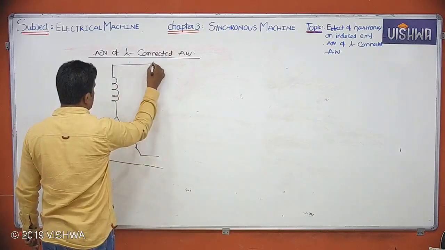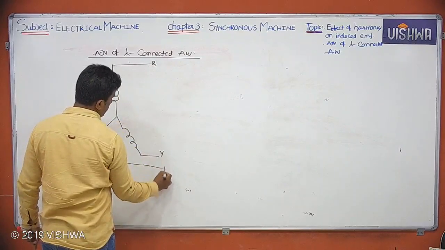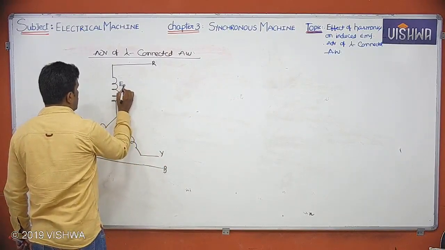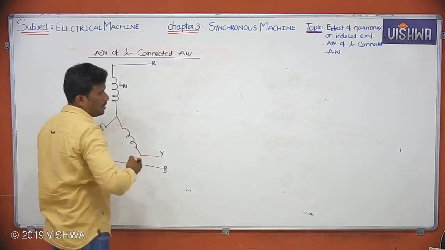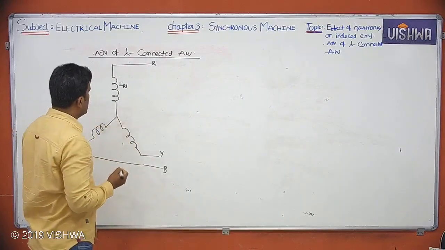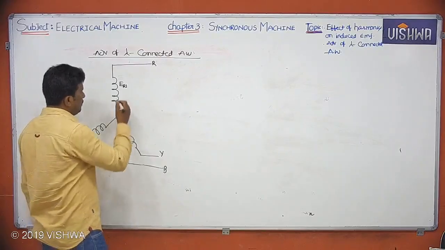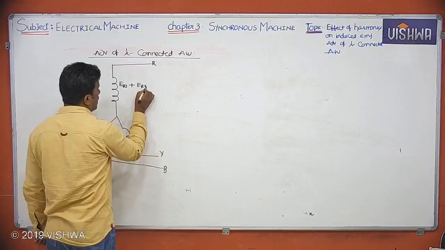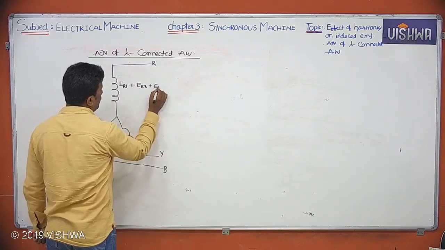Here, see, this is R phase, Y phase, B phase. Now you see this R phase, EMF induced in armature winding. Observe clearly. If armature winding is star connected, the EMF generally will be ER1 plus ER3 plus ER5 plus and so on.